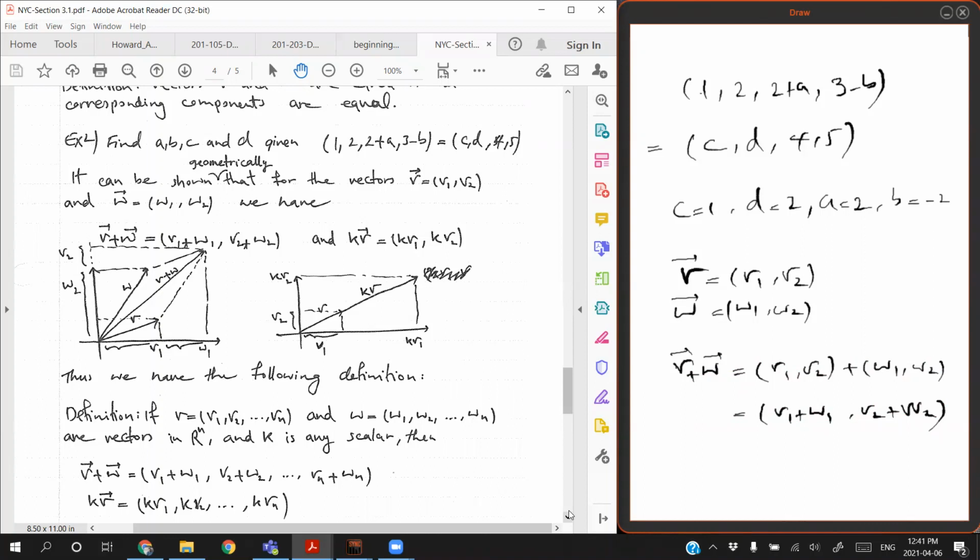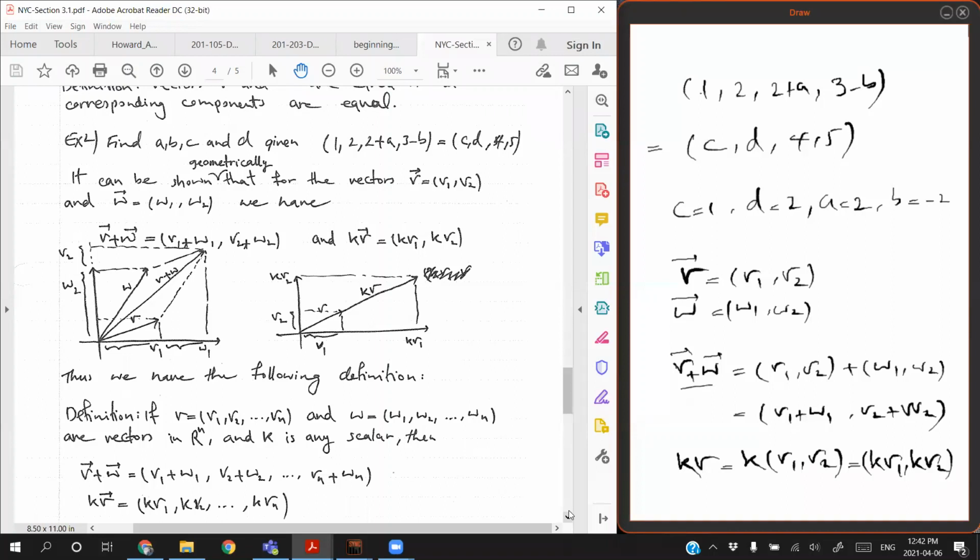And if you want to scale a vector, for example kv, which is k times (v1, v2), you have to multiply k by every component. So you get kv1 and kv2. And we can easily show in two-dimensional space, and also three-dimensional space, that if we add up vectors like this by adding up the corresponding components, this definition and the geometric definition are going to be in accordance.